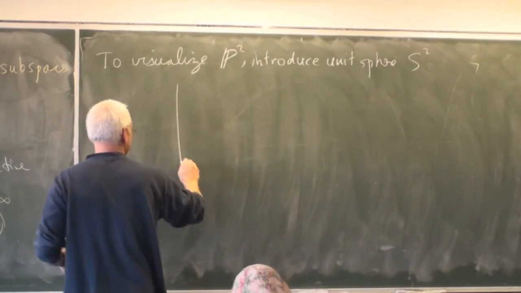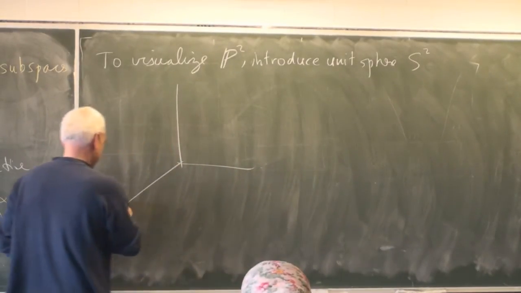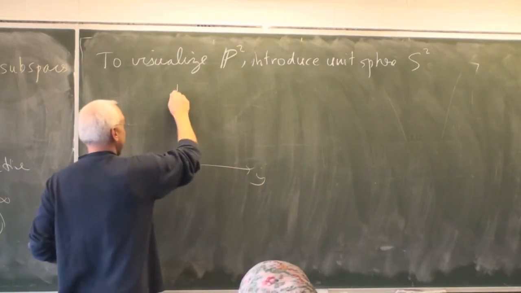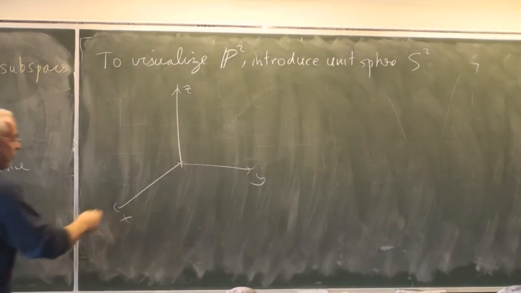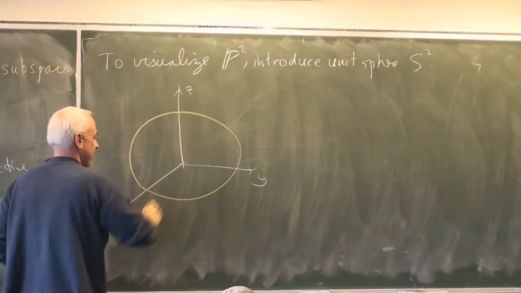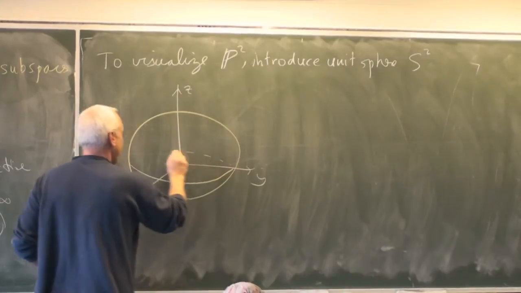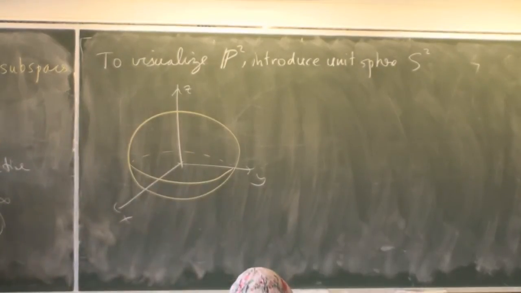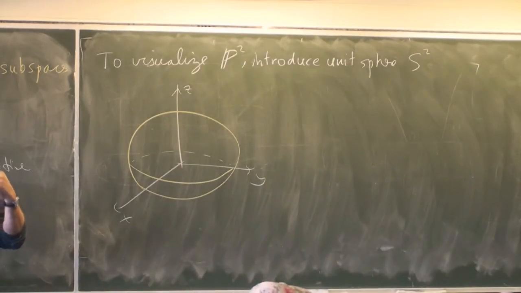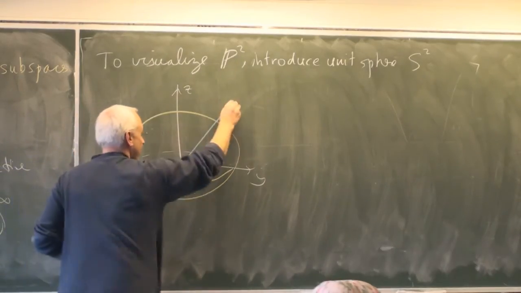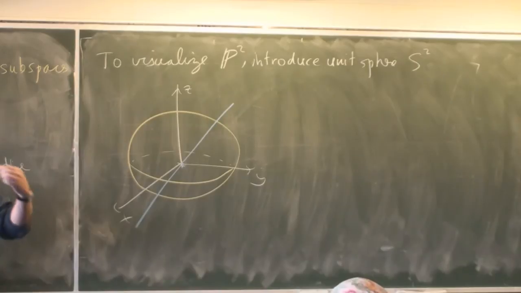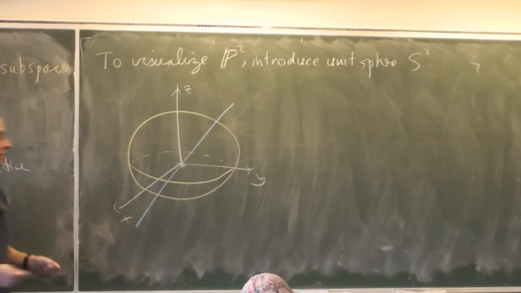So let's do that over here. So there's X, Y, and Z. There's our unit sphere. There's the equator, which is horizontal. This gives us another way of thinking about lines through the origin, because every line through the origin will meet this sphere in 2 points.